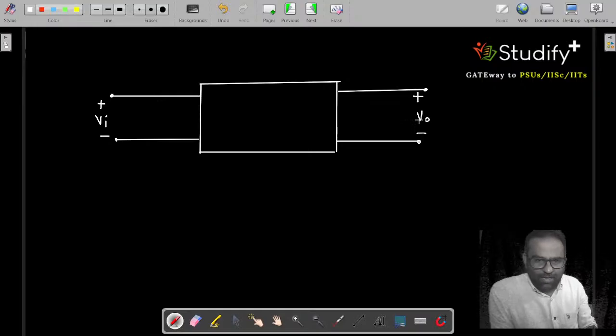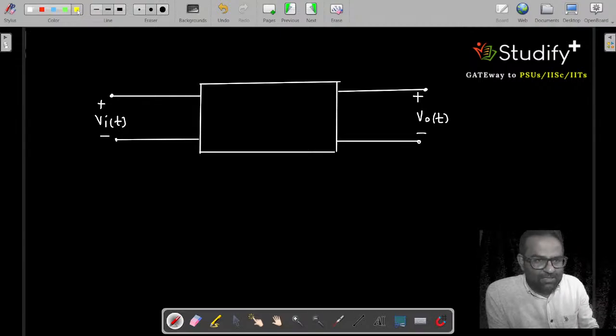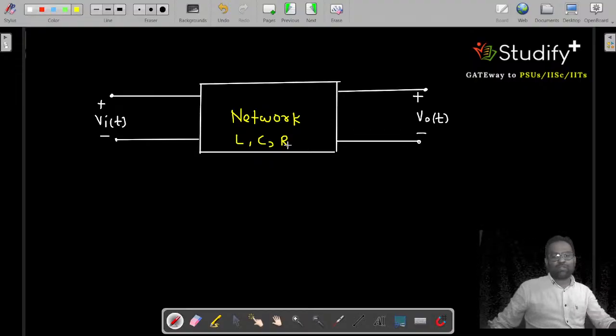Both are functions of time, of course, because we are dealing with energy storing elements, so with respect to time. This is our network having L and C and R. It is very important to have the energy storing element, otherwise there is no need of transient analysis.